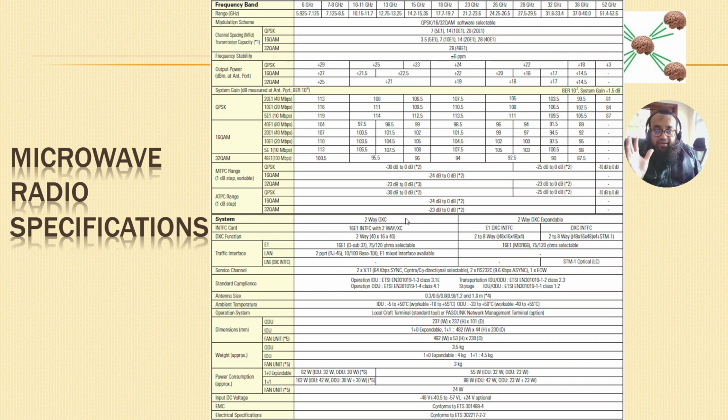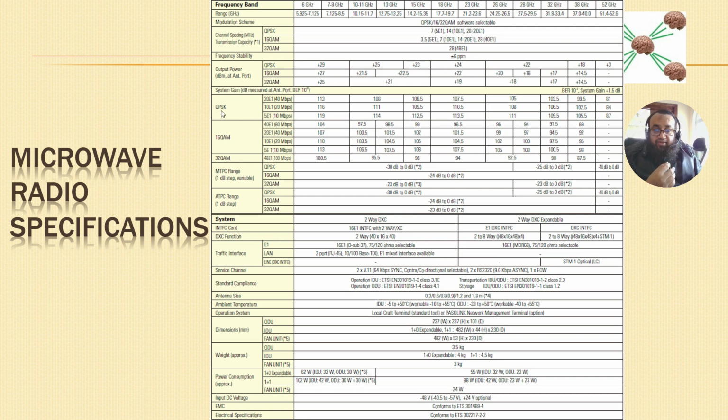But the channel gain, the system gain, deteriorates. The system gain goes down as you increase the modulation. So a higher modulation in normal conditions works best, but when the weather is bad or there is anything on the link, you have to switch to a lower modulation so that you can keep running, because in lower modulation your threshold, your transmit power, your total system gain all improve automatically.